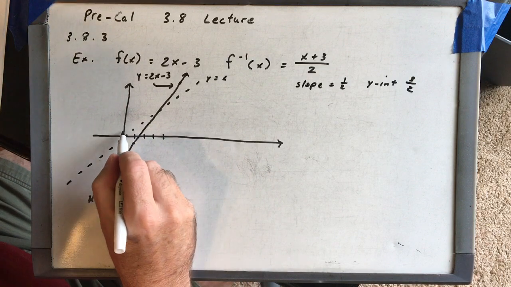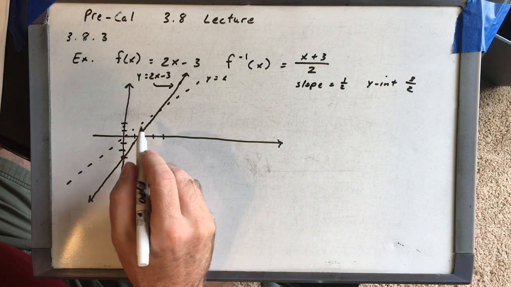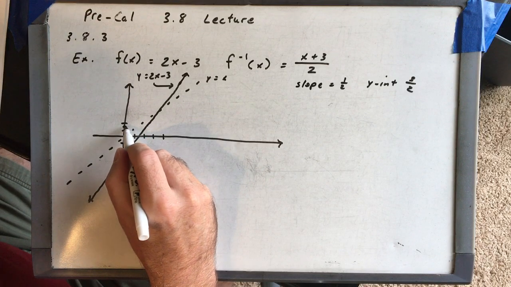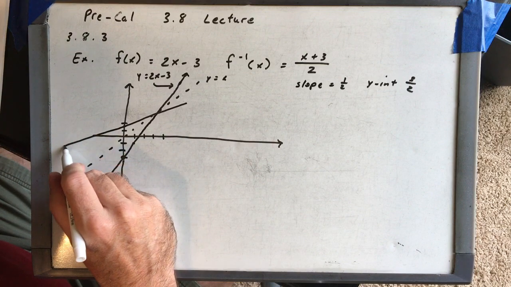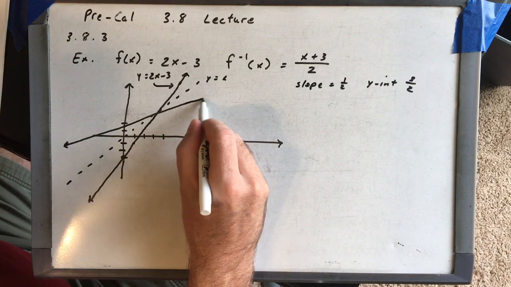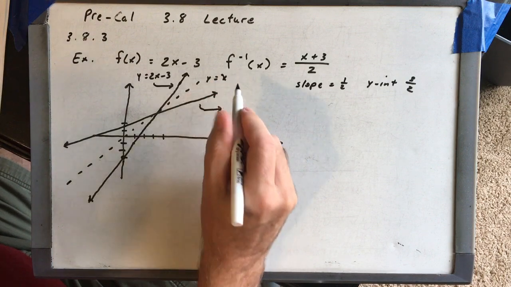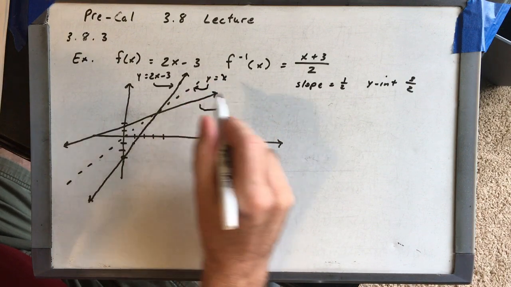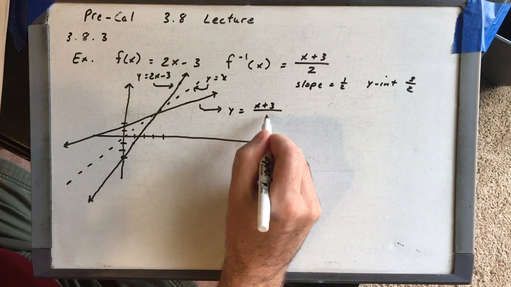So its y-intercept would be 1.5. It's about right there, and the slope is 1/2. So the inverse line looks kind of like that. So that is y is equal to (x plus 3) over 2.